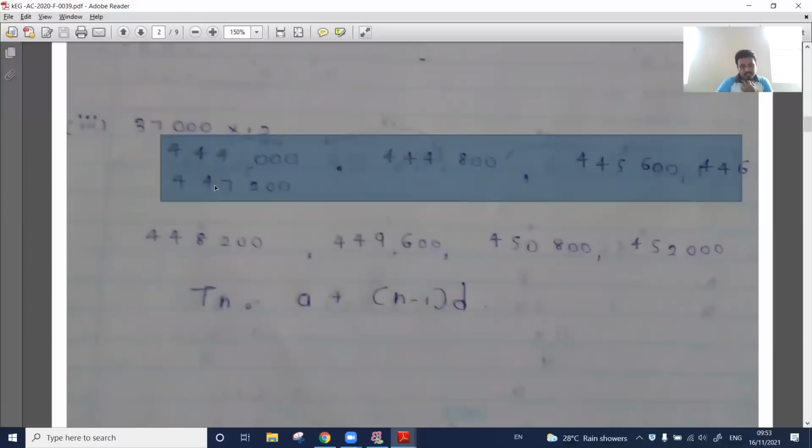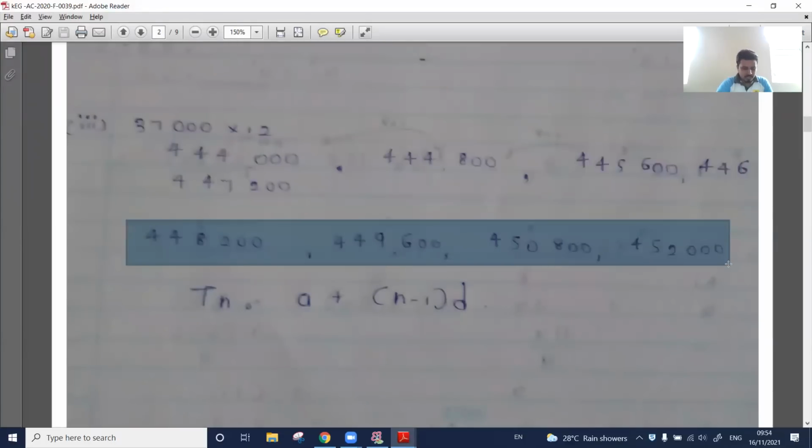Then in the sixth year, 448,200, 449,600, 450,800, 452,000.